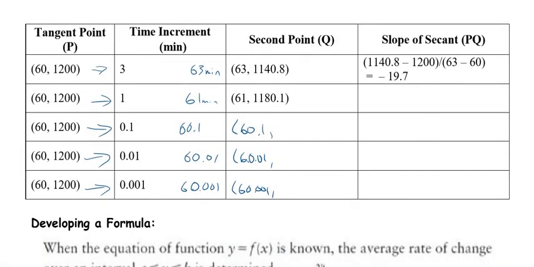And you get that number, then 1180.1. If you do the same for 60.1, you get 1198.0. Then for 60.01, we get 1199.8. And then we get 1199.98.